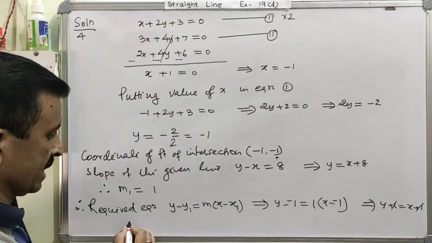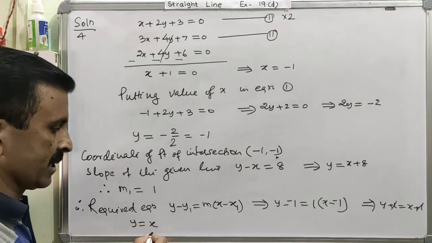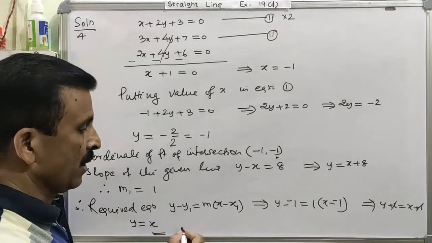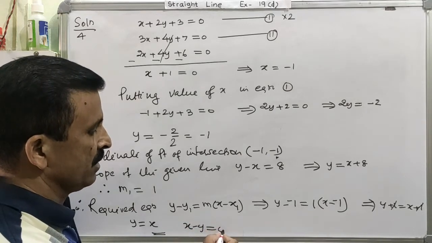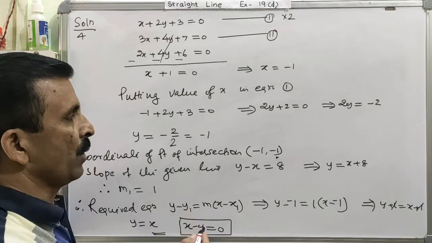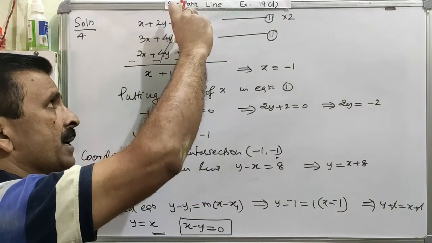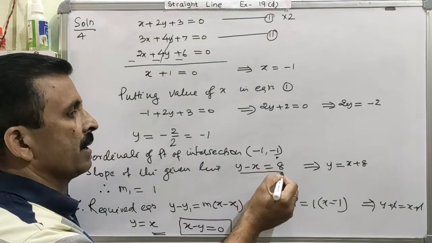So your equation is y is equal to x. You can either leave it in this form, or if you want you can write this also in this form. X minus y is equal to 0. So this finally becomes your equation of that line, which passes through the point of intersection of these two lines and is parallel to this given line.